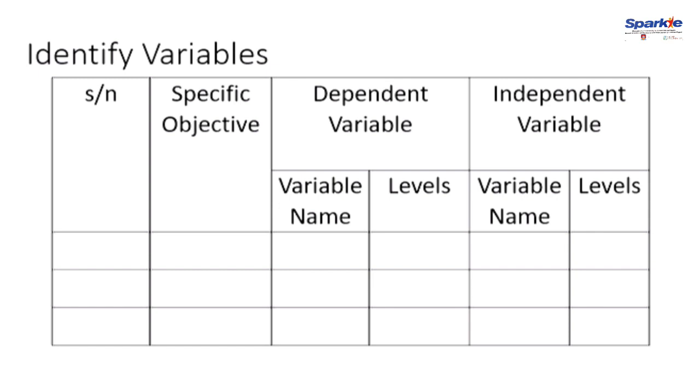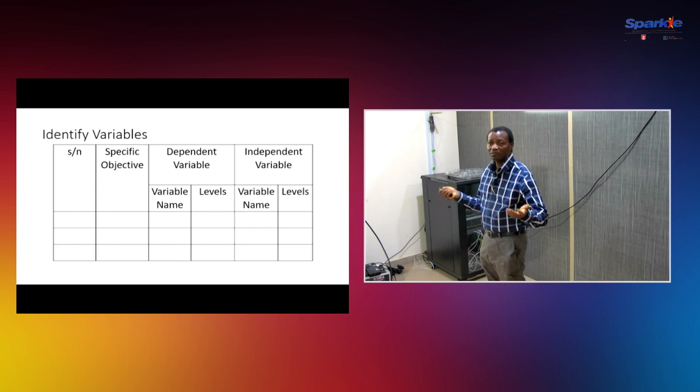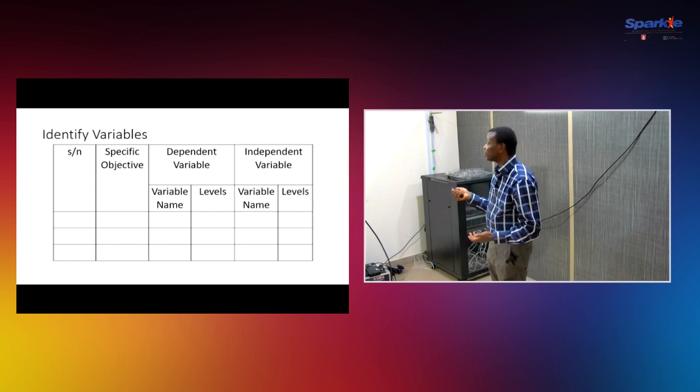Now, this table assumes that we have 3 specific objectives. It can be more. So when you look at your work, serial number 1, what is the specific objective? What is the dependent variable? In other words, put the variable name, put the levels, especially if it is categorical. Contraceptive use, any other categorical variable, wealth index, if it is a dependent variable.